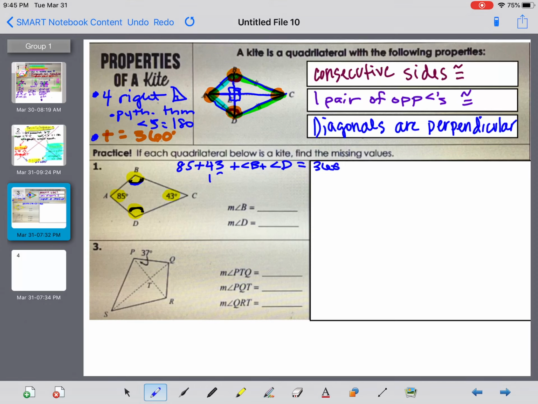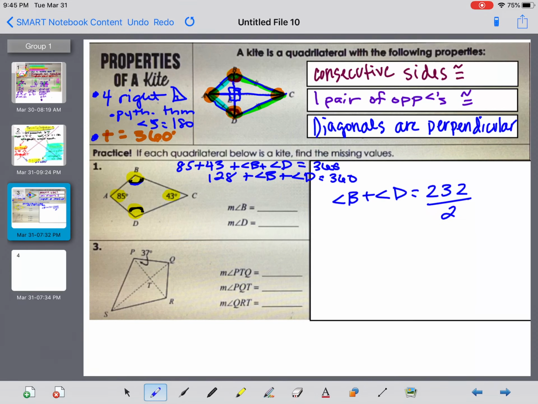So 85 plus 43 is 128. 128 plus whatever angle B is plus whatever angle D is equal to 360. And then you know as well as I do, because you're smart cookies, that all I have to do is subtract that from 360. So 360 minus 128 gives us 232. So angle B plus angle D equals 232.